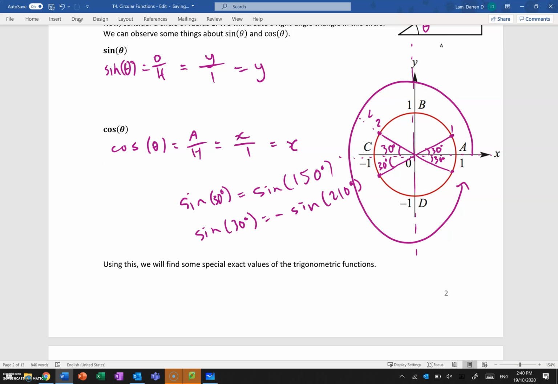The whole circle is 360 and I'm taking away 30, which gives me 330 degrees. So sine 330 should give me the same value as sine 210 degrees, because they're both at the same y value, given that it's negative. And the same idea applies to cosine as well, right?